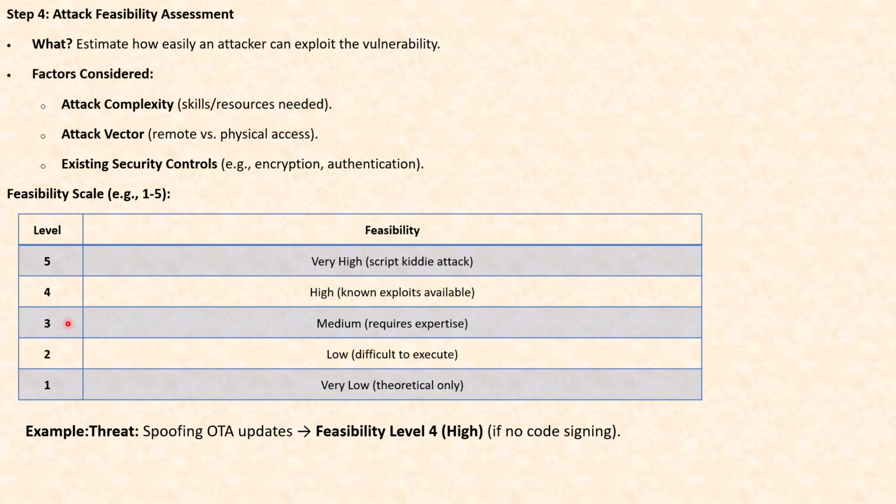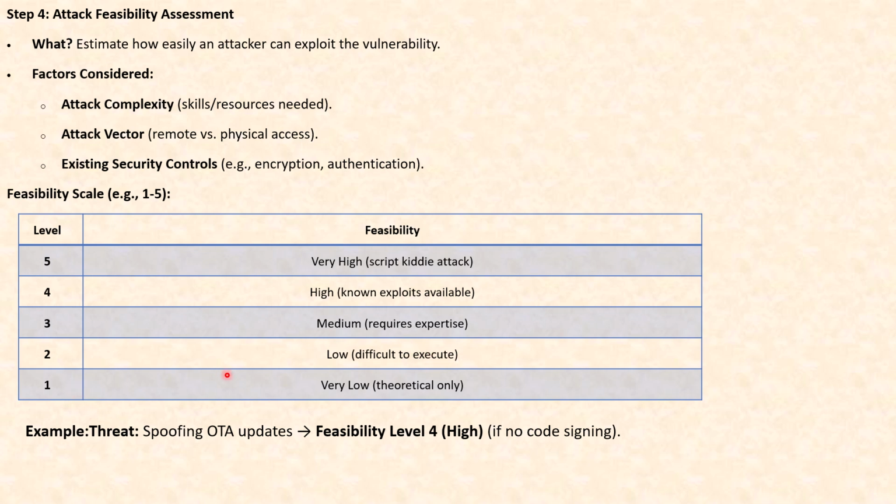And now coming to 3, it is medium, where medium means it requires a high level of expertise. When it comes to feasibility 2, feasibility is very low, or it is very difficult to execute. So it is very difficult to attack here.